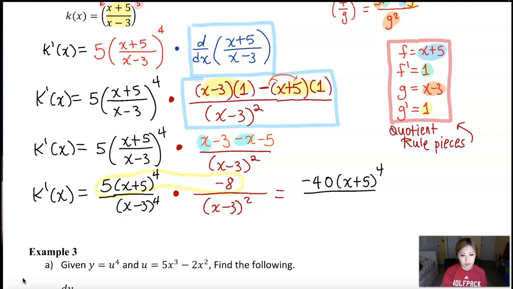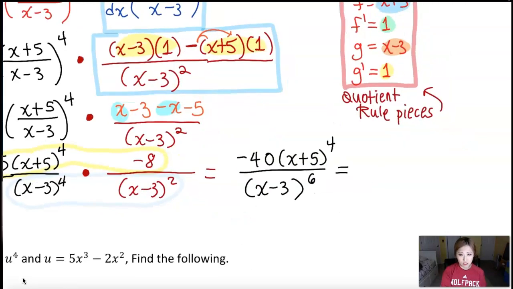Okay, 5 times negative 8 gave me negative 40. All right, let's go ahead and multiply the denominators. You see, the base is exactly the same, x minus 3. The first one had 4, the second one had 2. So in total, this has 6.